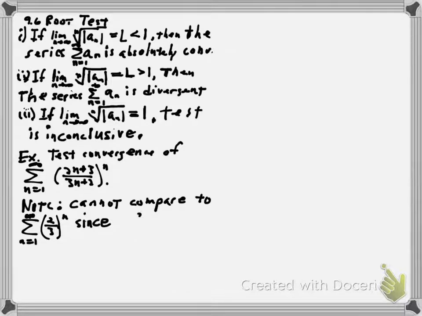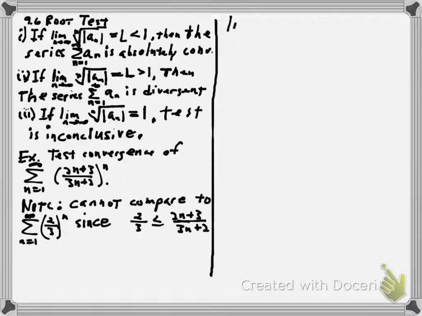We would have that 2/3 is actually less than or equal to (2n plus 3) over (3n plus 2). Now we could possibly compare to a geometric series that has a larger ratio, but setting up that inequality is a little hairy. This is really just a simple application of the root test.